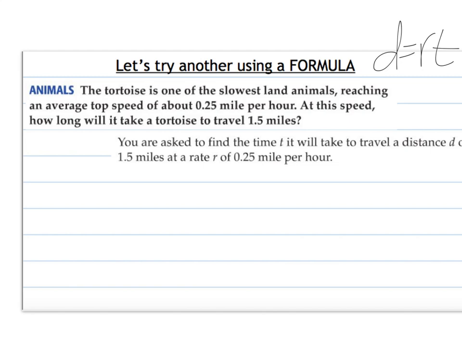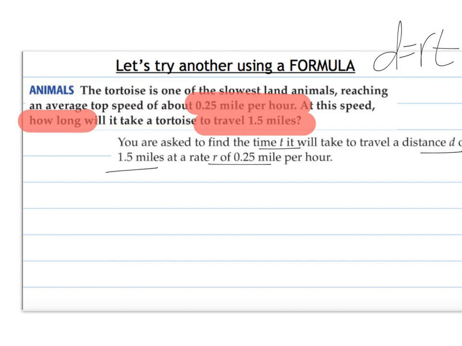So what we're given is a rate, which is our speed, and we're wondering how long, so we're looking for time to travel a certain distance. We're being asked to find the time, t, it'll take to travel a distance of that many miles at that rate.